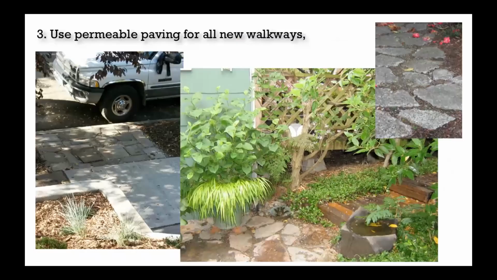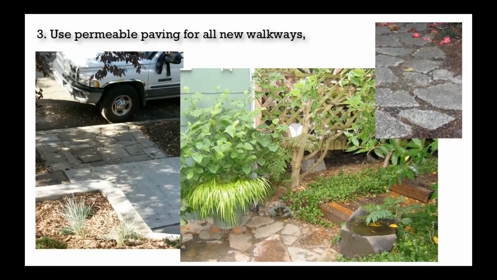If you're putting in any kind of a new walkway or a patio, the thing to do to increase the ability to prevent the runoff is to make the paving permeable. And so that means using a sandstone or another paving stone that has spaces in between it that are filled with sand or finely crushed rock.